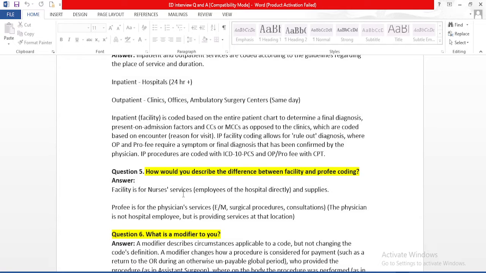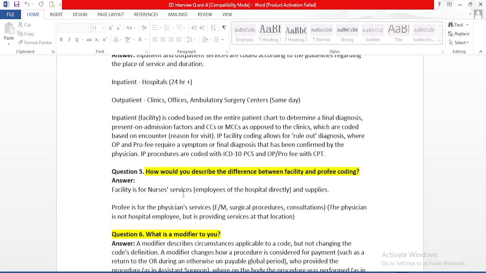Inpatient also depends on present on admission factors, and we need to consider CCs or MCCs for inpatient hospitals. Whereas in clinics, we do not need to consider things like CCs or MCCs. In clinics, we code based on the encounter, which is the reason for visit of the patient.